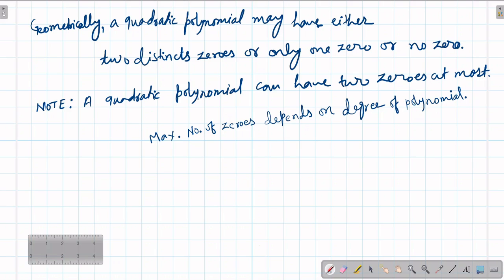Say a quadratic polynomial, you know, has degree 2, so its maximum number of zeros can be 2. Similarly for a linear polynomial, you know its degree is 1, so the maximum number of zeros for a linear polynomial may be 1.